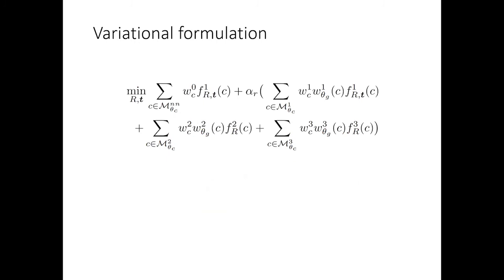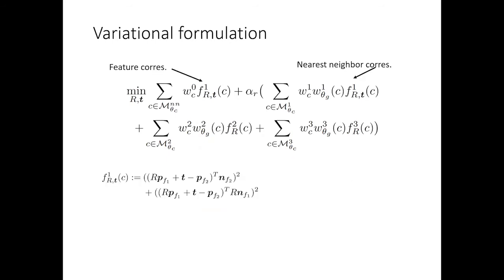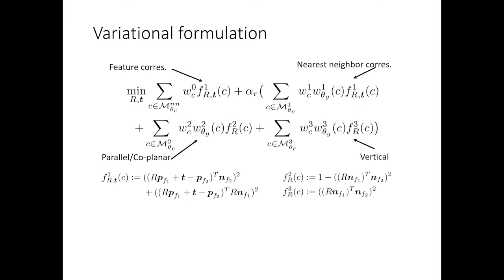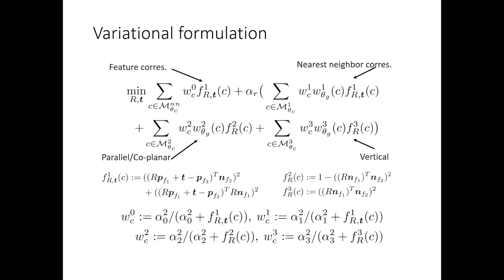So what we do here is introduce a variational formulation to combine different types of features. We have the pointwise features, and we have these plane relational formulation losses. We combine them to optimize for the rotation and translation, using a robust formulation. Very interesting here is that this is also very friendly to training.